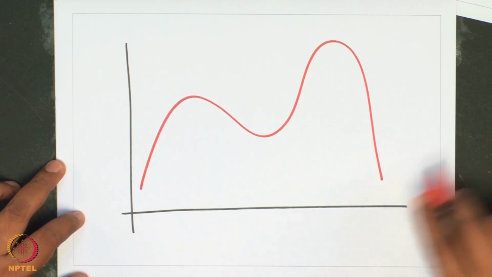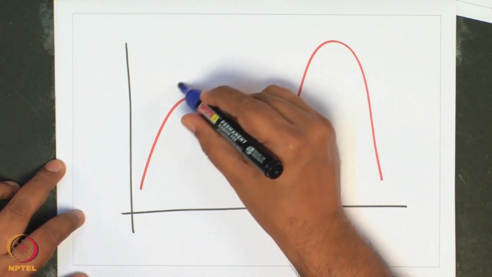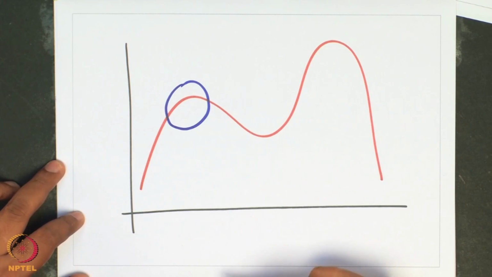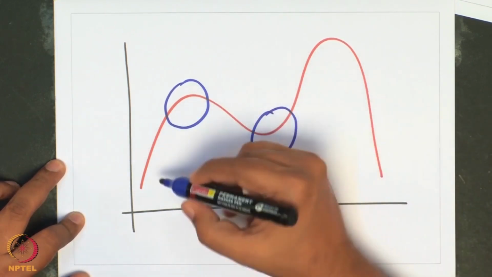It could be any function. Any curve you draw will have some maximum, some minimum, and there will be some positive and negative slope.